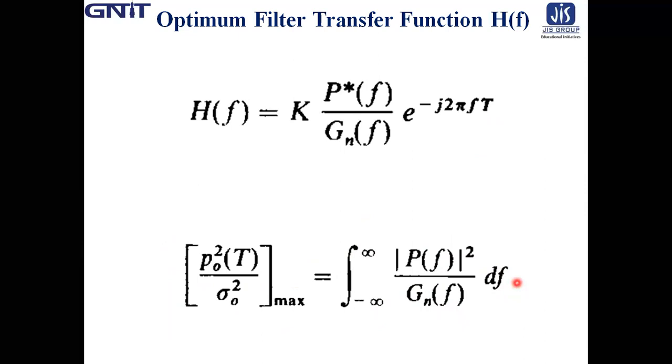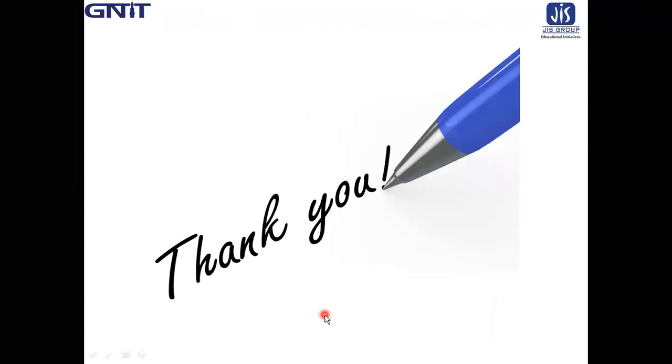So this is the transfer function of an optimum filter and the maximum value of gamma square. So let us stop here. In the next class we will discuss the matched filter. Thank you.